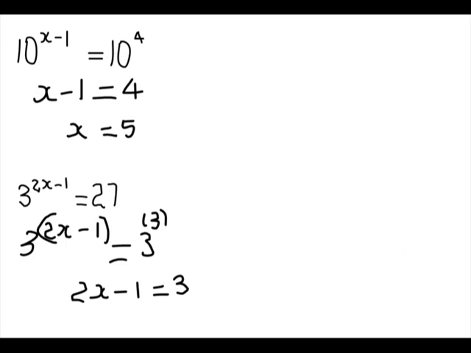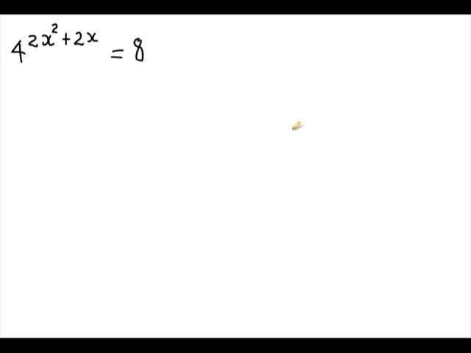What about this one? Here's what I'm gonna do. I'm just gonna try to make some transformation in order to have the same base. So this can be 2 to the power of 2 times this, 2 times 2x squared plus 2x.